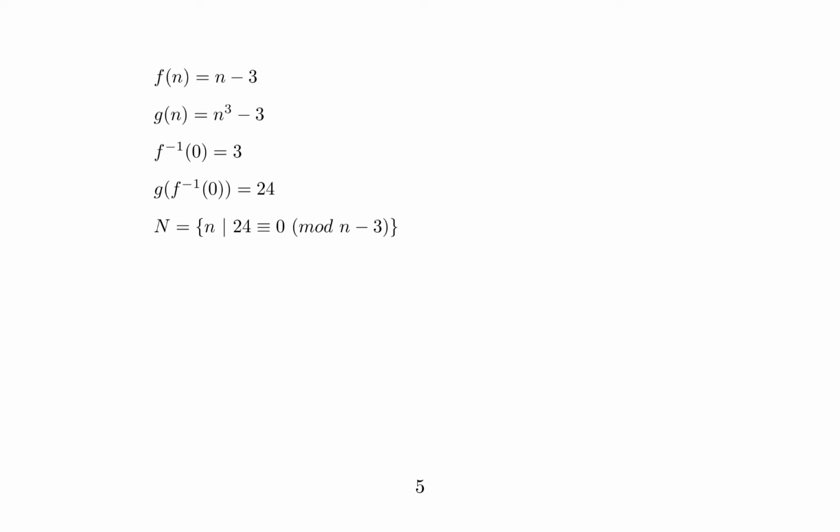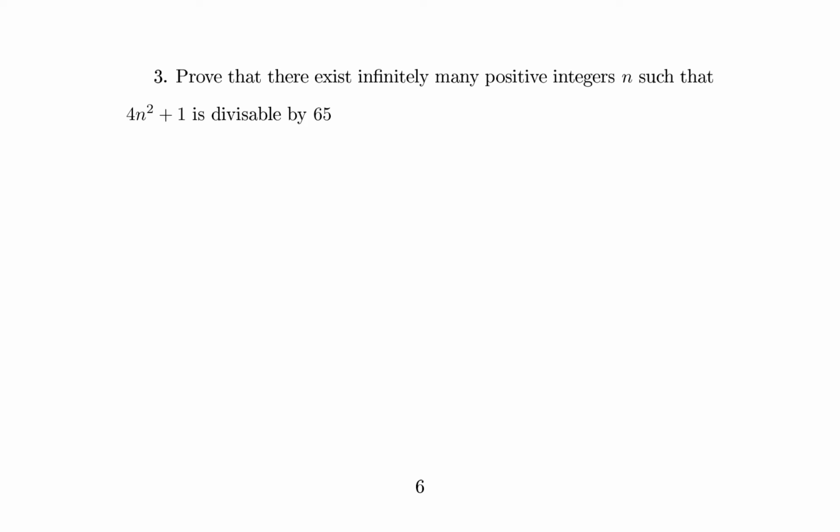So the answer set is all n's such that 24 is divisible by n minus 3. That ranges from minus 21 to 27. All divisors of 24, plus 3. Positive or negative doesn't matter here.